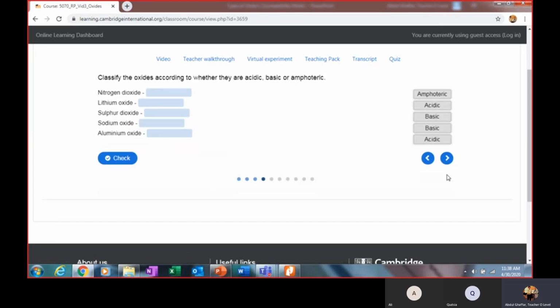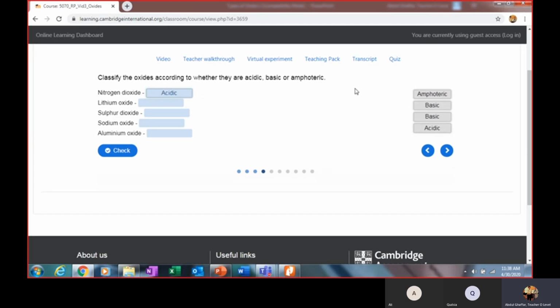The next one. Classify the oxides according to whether they are acidic, basic, or amphoteric. Nitrogen dioxide is an acidic oxide. Lithium oxide is a basic oxide.